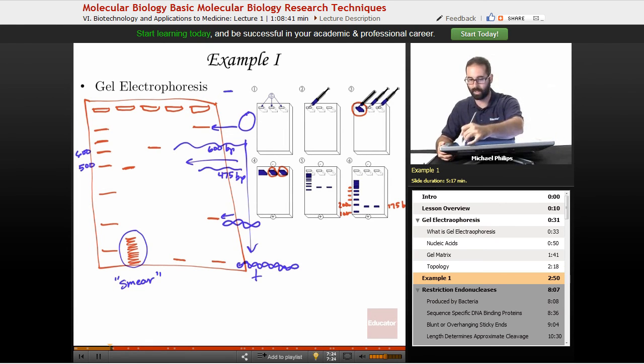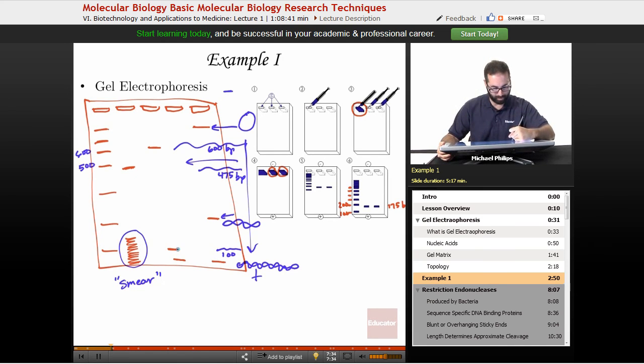And if you have another piece of linear DNA that's, say, 100 base pairs, it will run in that area. So linear DNA basically runs at a good approximation based on the ladder, whereas anything with topology, so a relaxed circle or supercoiled circular DNA, won't run at the proper rate.